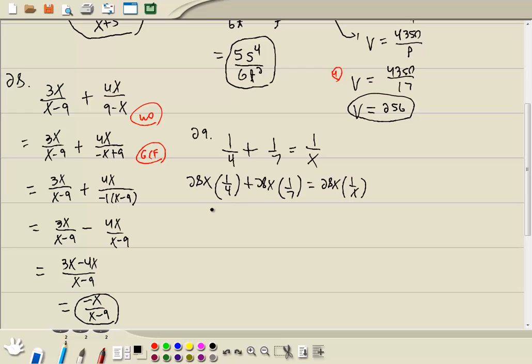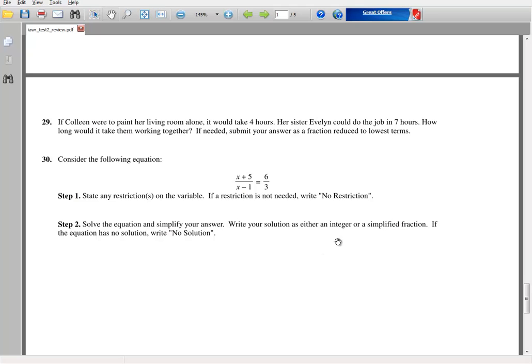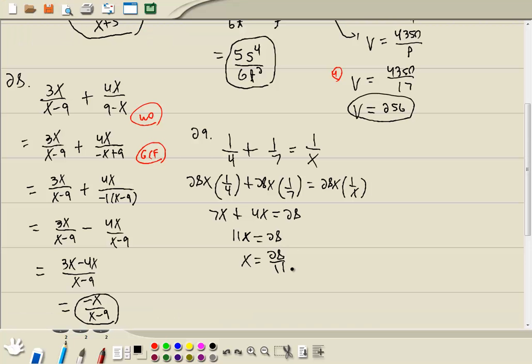Well, 28 divided by 4 is 7, so we've got 7x, plus 28 divided by 7 is 4, so we've got 4x, equals, those x's cancel, and we've got 28. So that gives us 11x equals 28. Then divide both sides by 11, and we get 28 over 11. If needed, submit your answer as a fraction reduced to lowest terms. So this would be our answer.